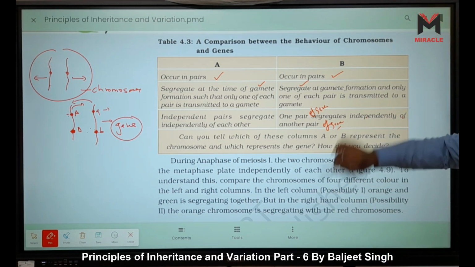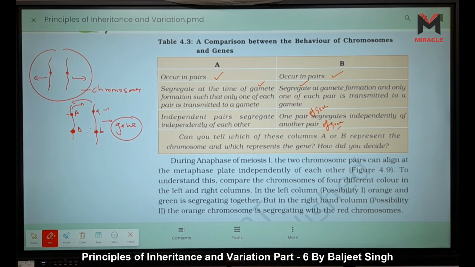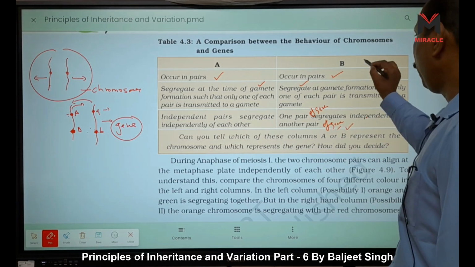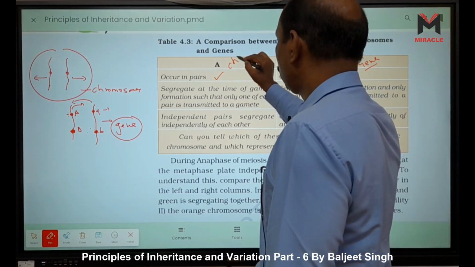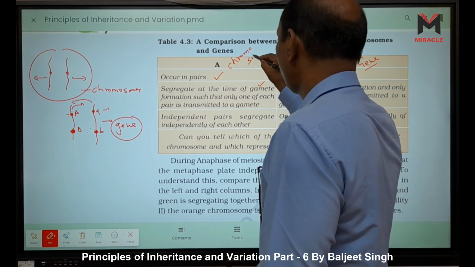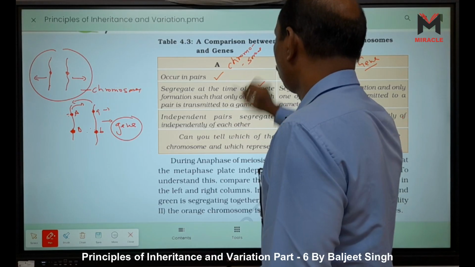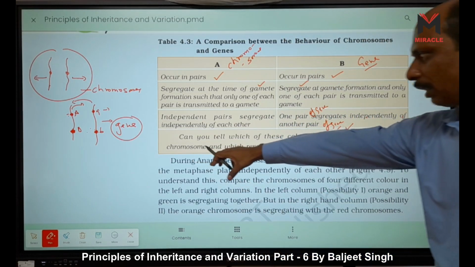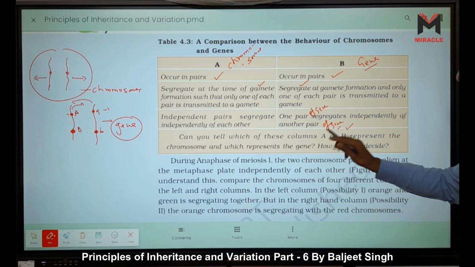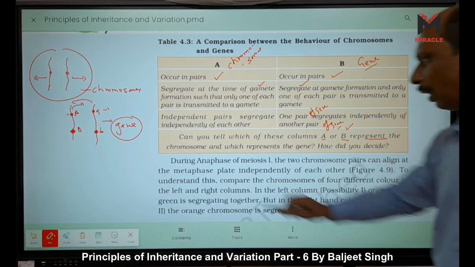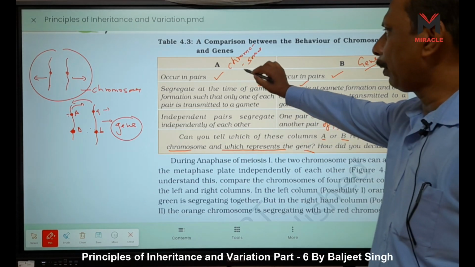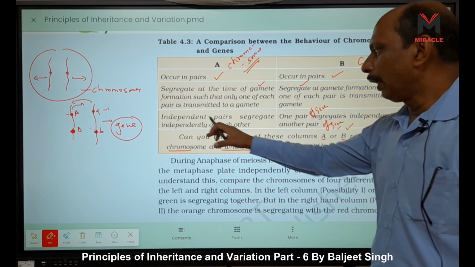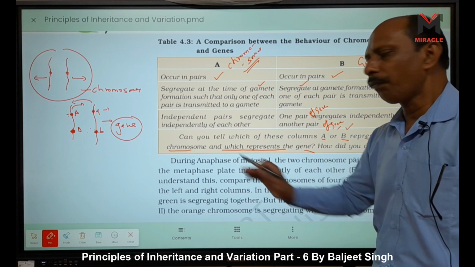Do you understand? Now we can define that B means gene, and A means chromosomes. The question is: can you tell which of these, column A or B, represents the chromosome and which represents the gene? We can understand that A represents the chromosome, because here independent pairs segregate independently of each other.